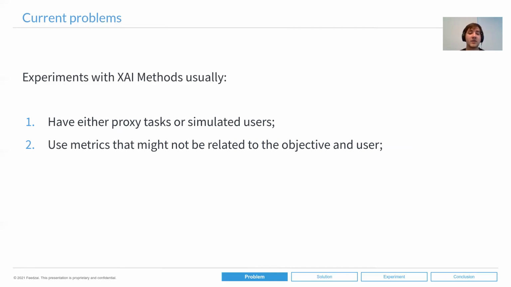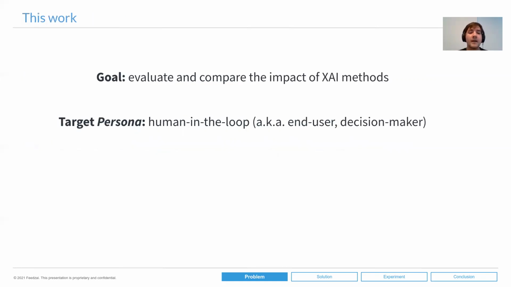We use metrics that are not related to the objective and to the user. Usually we use desiderata to evaluate some kind of explanation, and it's not based on the user or the objective of the explanation. And we evaluate one XAI method, and we don't compare different XAI methods on a single task or on multiple tasks.